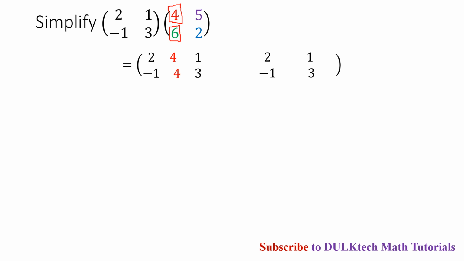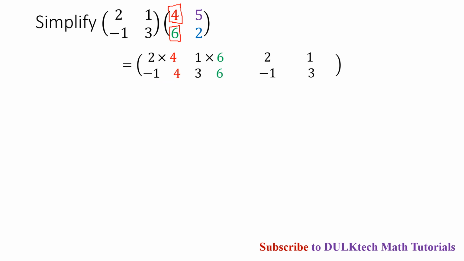I'm now taking this green 6 and writing it here and here. Then I am going to multiply the first 2 like this. Likewise, I'll do the same here, the first 2 in the second column.